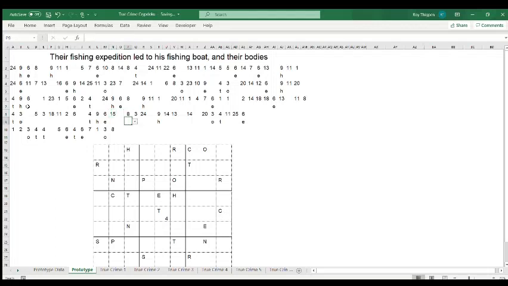All right. Now, look around here a little bit. See some common patterns here. HE in a four-letter word.